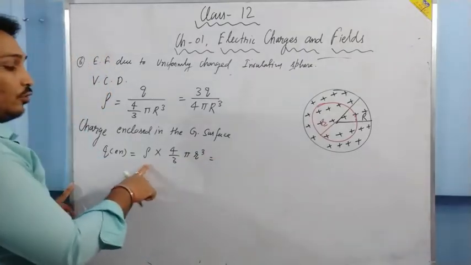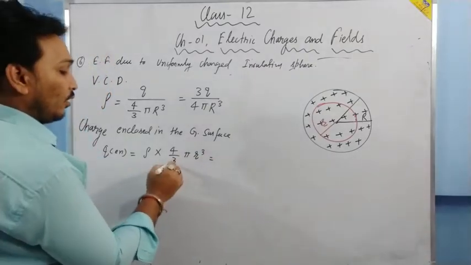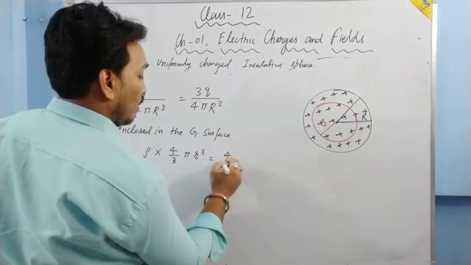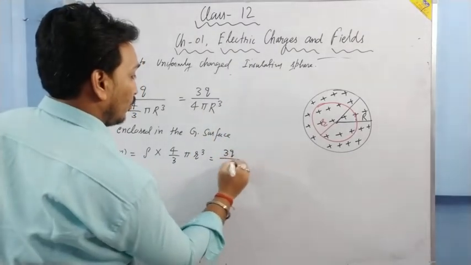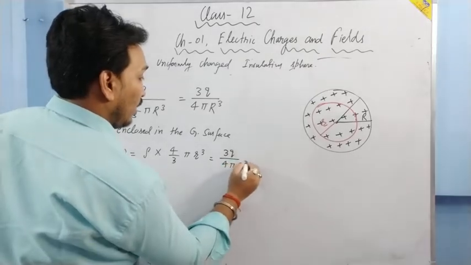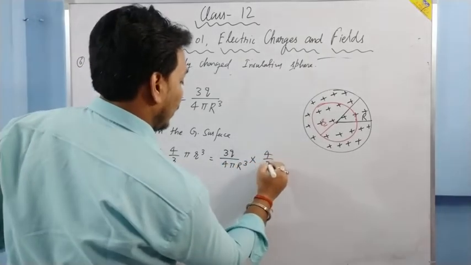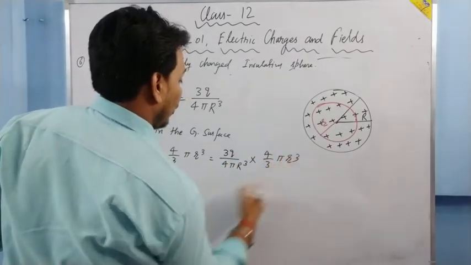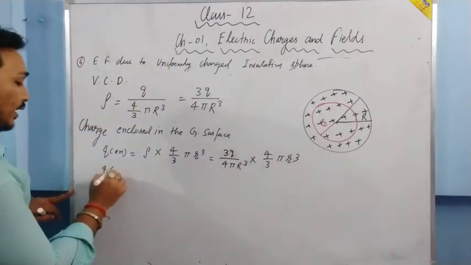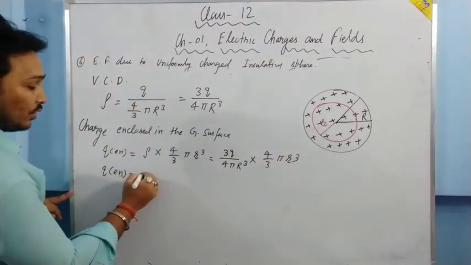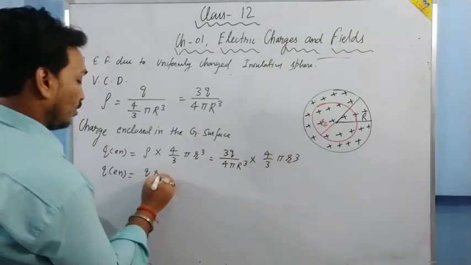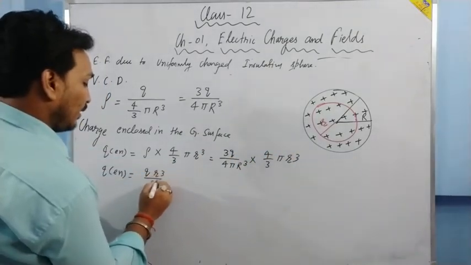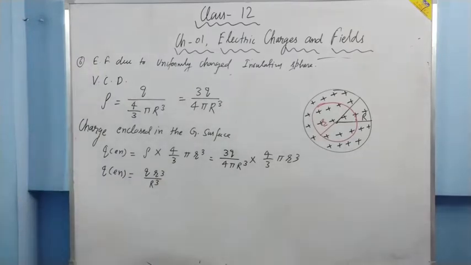Charge per unit volume multiplied by volume. Okay, so what we are going to have? Value of rho from here, 3q upon 4 pi R cube, multiplied by 4 by 3 pi small r cube. All the things will be cancelled out, 4 pi will be cancelled out, 3 will be cancelled out, and we are going to have Q enclosed is equal to q r cube upon capital R cube. So this will be the value of charge enclosed.